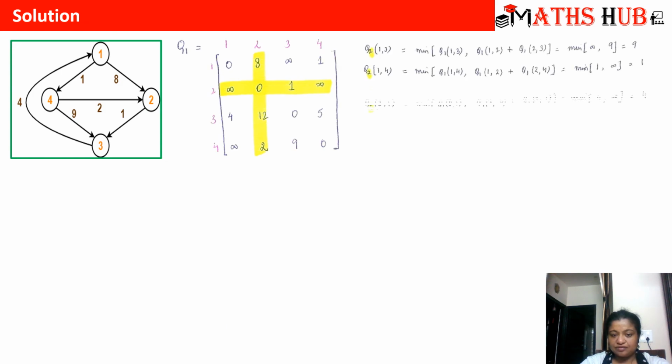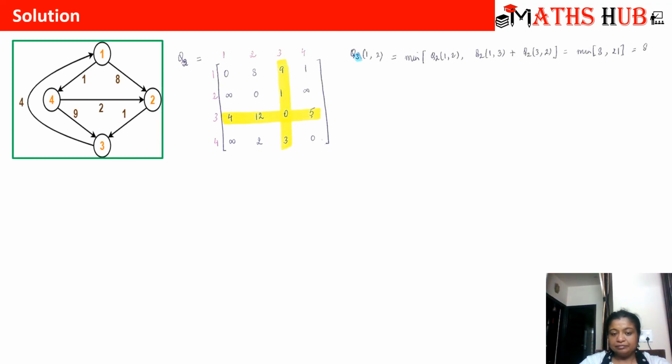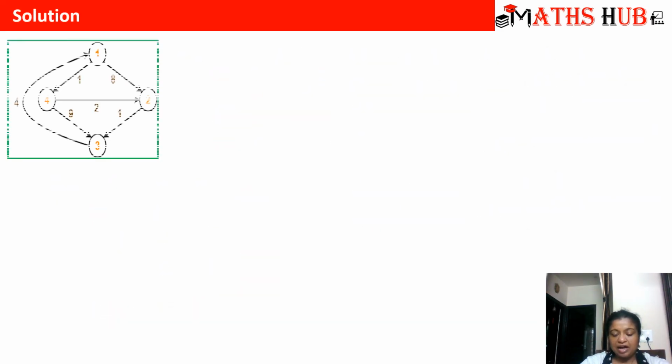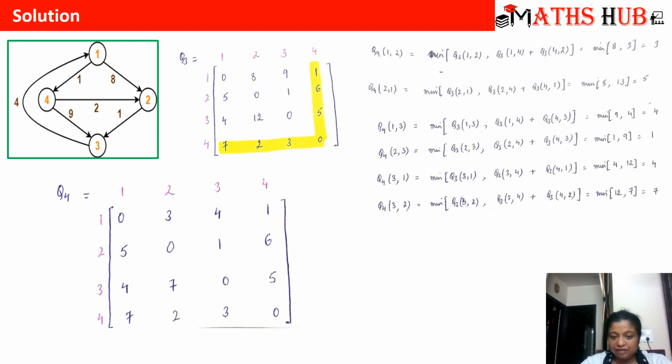So this is how I've solved it, and I've mentioned all the matrices in every step. So we have calculated Q2, then Q3, and then from Q3 we have gone to Q4. So Q4 gives you the shortest distance between any vertex to any other vertex, right?